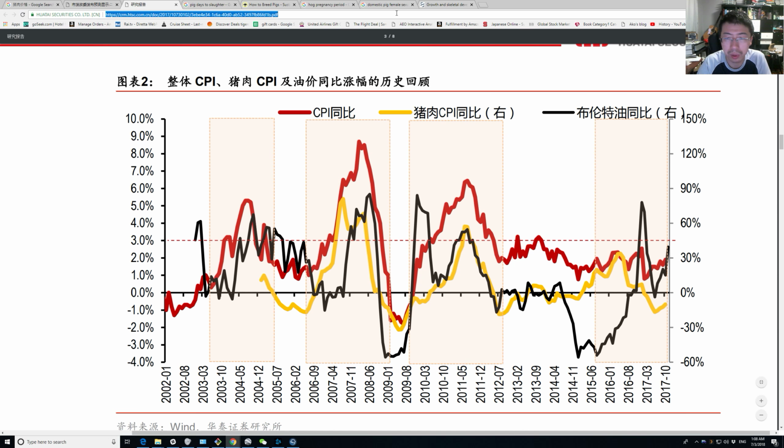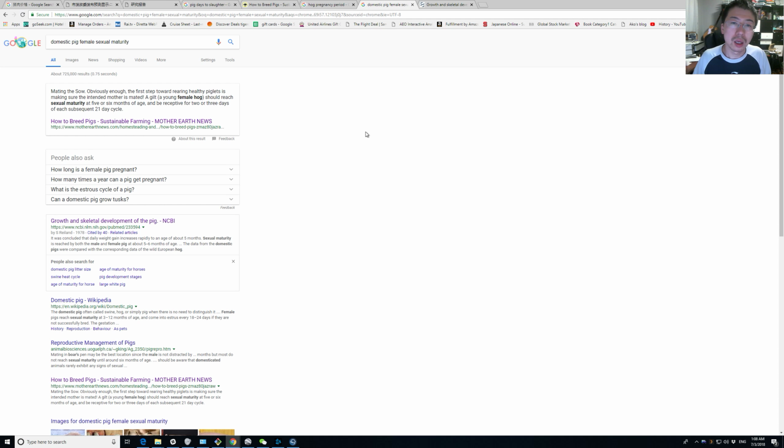Maybe you give them different medicine and whatnot. So it is possible that you have to wait another period, which is the sexual maturity of new female pigs. So basically, you would raise them specifically for reproduction, and that means you have to add another period to account for the growth to sexual maturity.